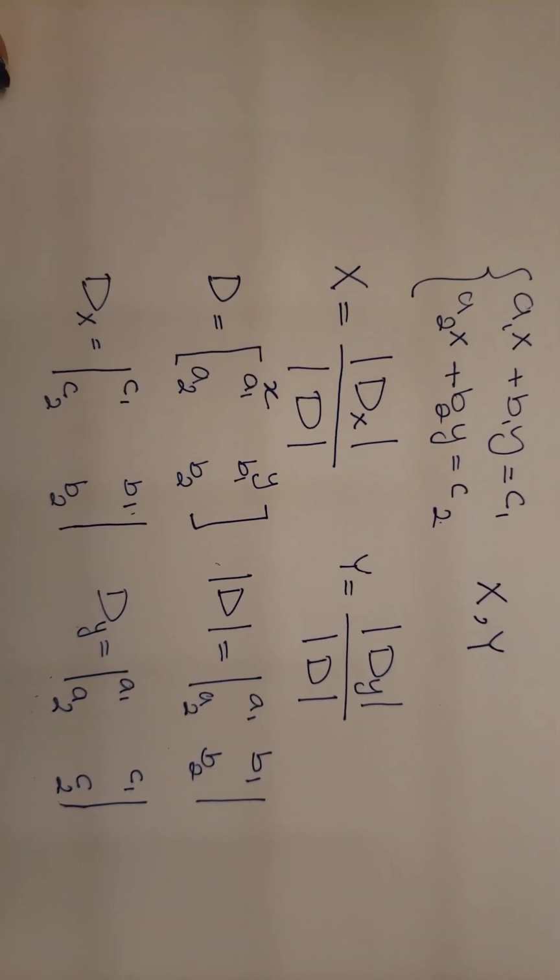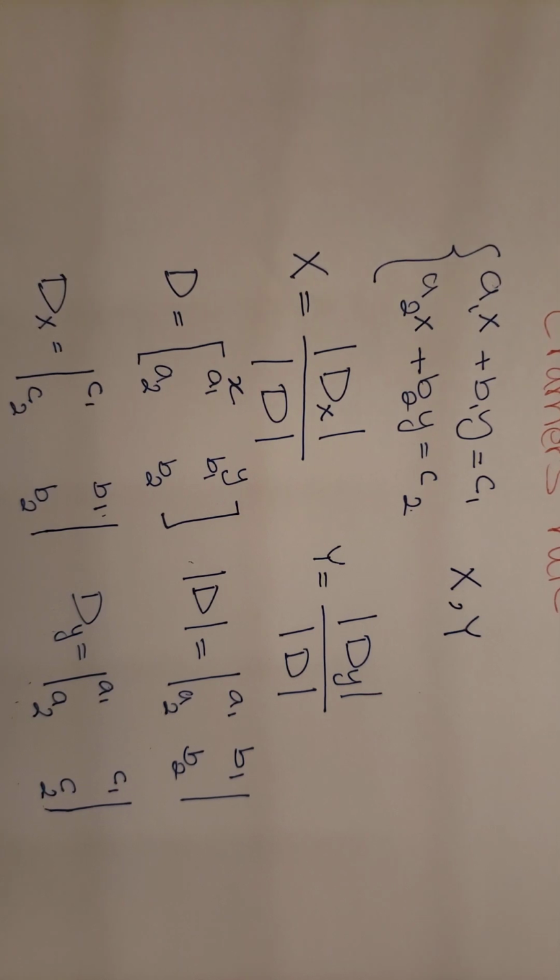Let's do a couple of examples for practice. As you may remember, systems of linear equations can be solved by a few different methods, like graphical, Cramer's rule, or substitution and elimination. But now we are only focusing on Cramer's.